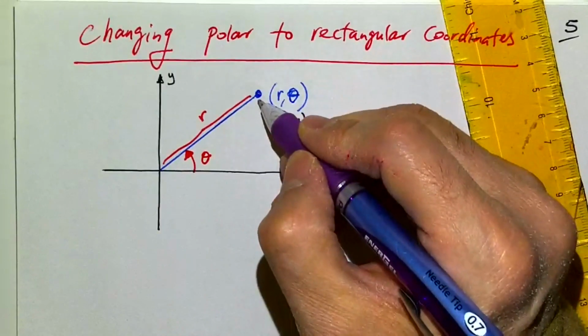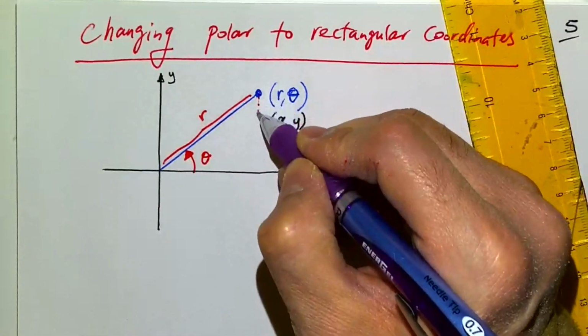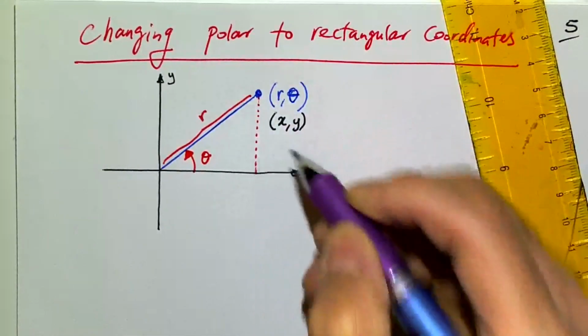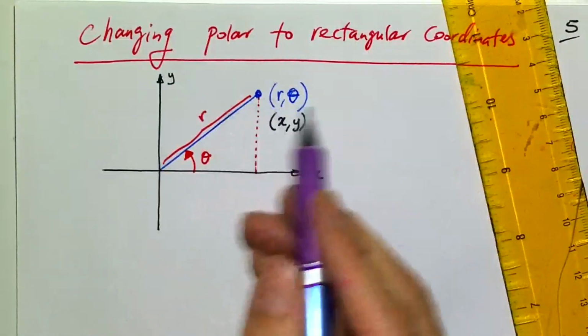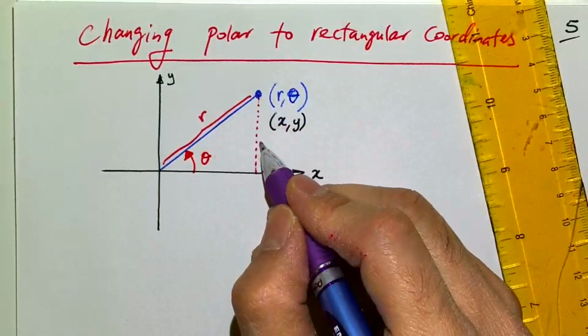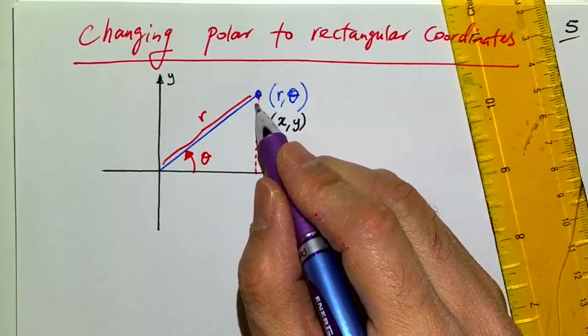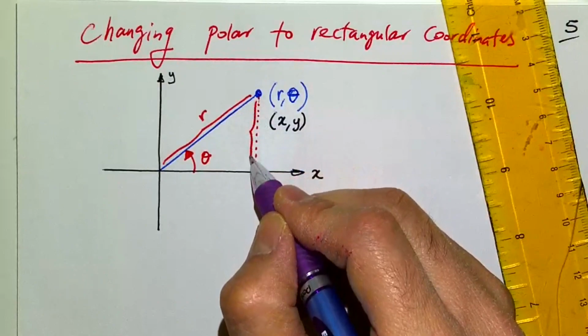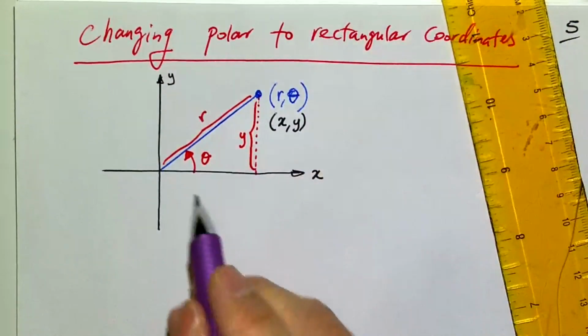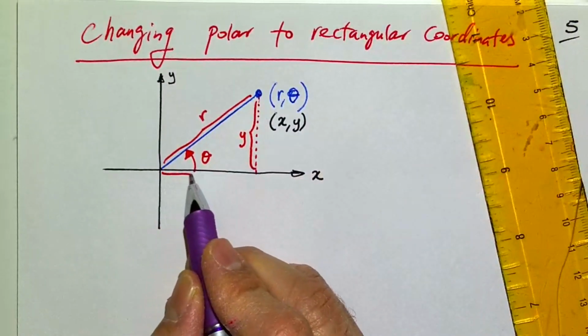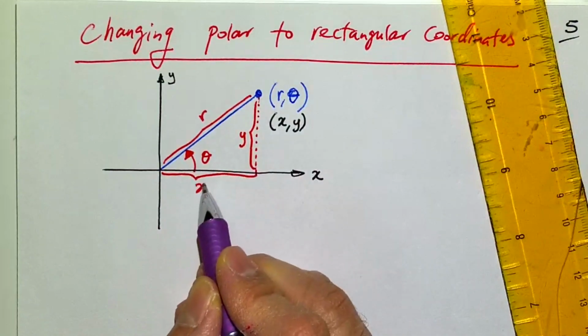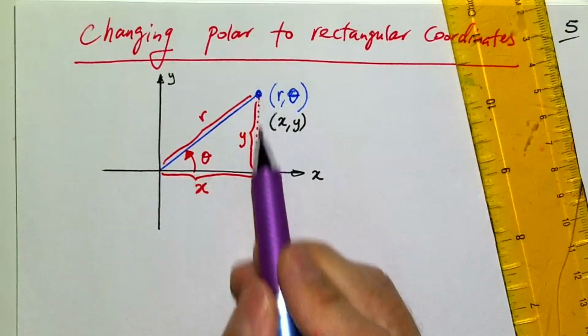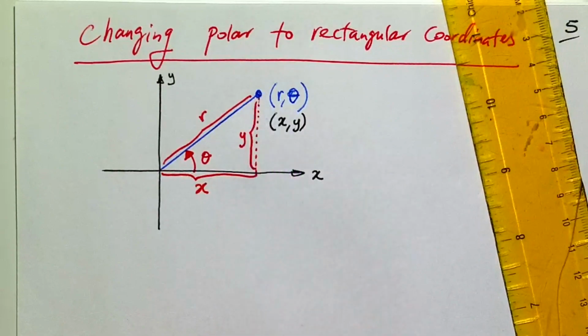This is showing both coordinate systems for the same point. This distance would be y, and from here to here was x, and from here to here would be y.